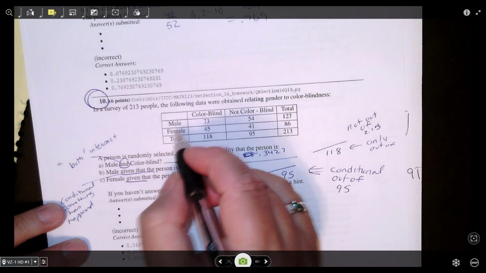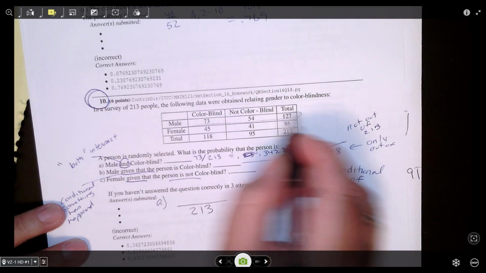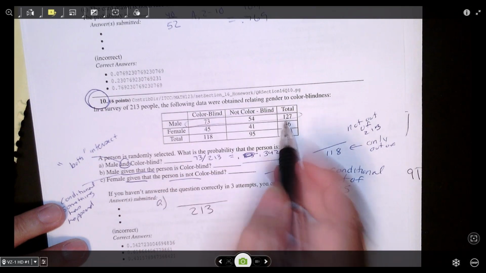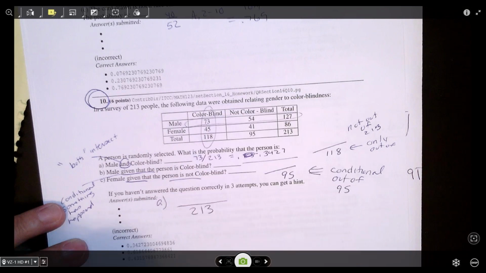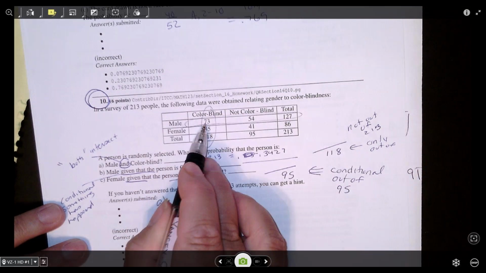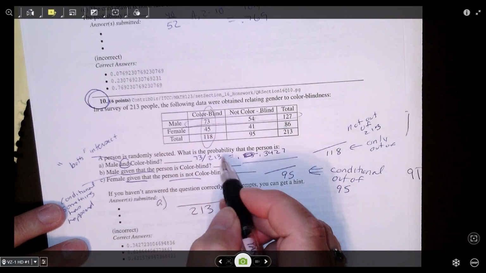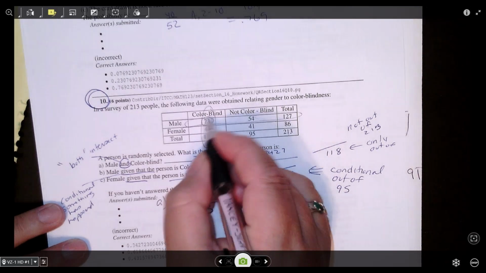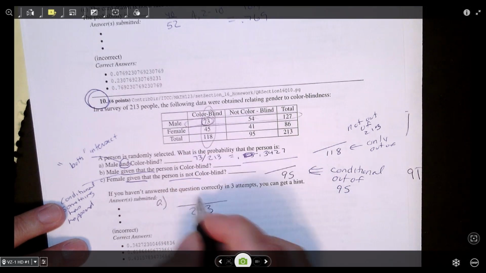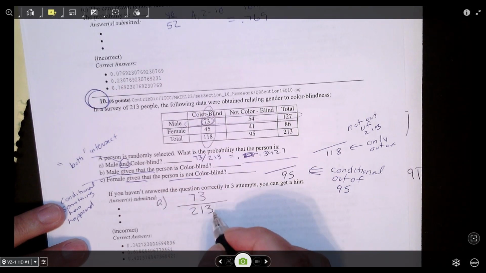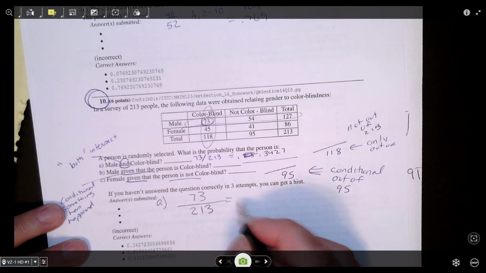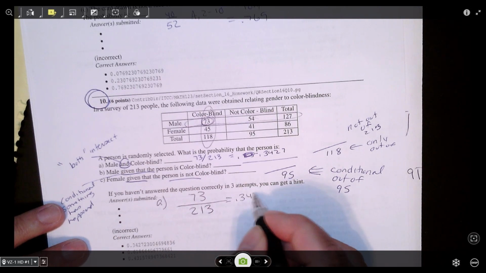So here's our male, but we don't want total male. We only want the males that are colorblind. So we can't count these 54. We only want this intersection right here. 73 over 213, 0.3427.